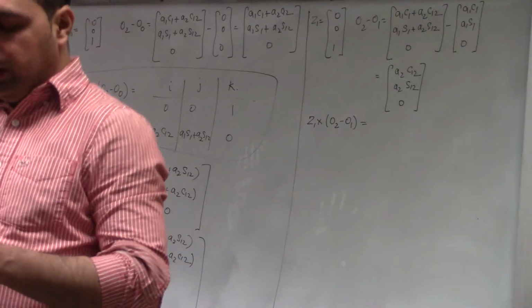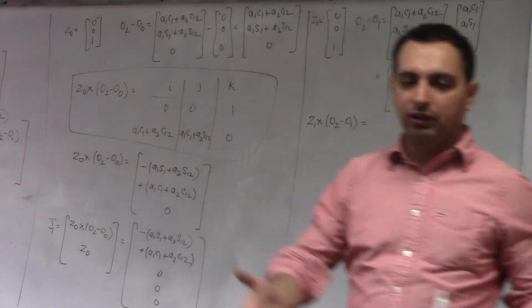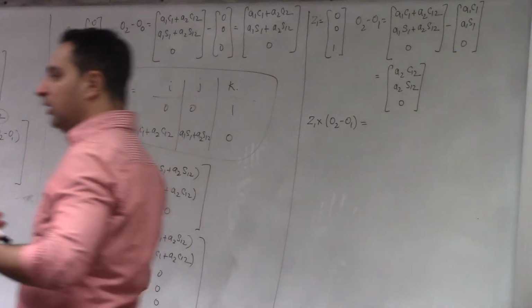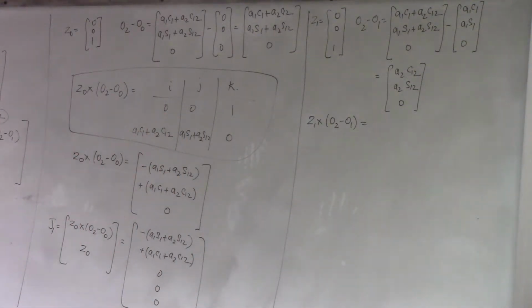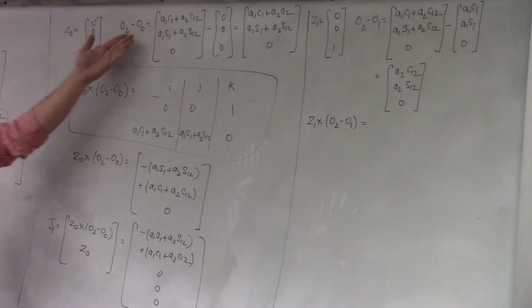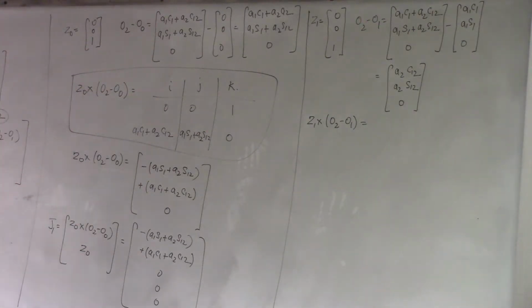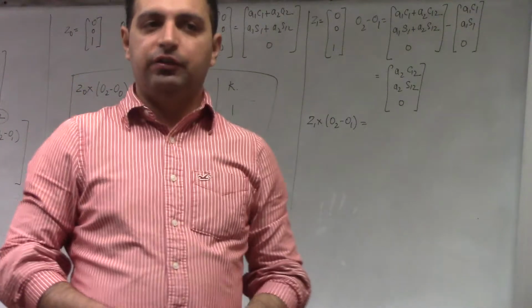So once you are given any DH table, you can easily calculate T, because you can calculate A, then you can find Ti of any joint, transformation to any joint, and then you can find Z0, O2, O1, and a computer program can generate any given Jacobian.